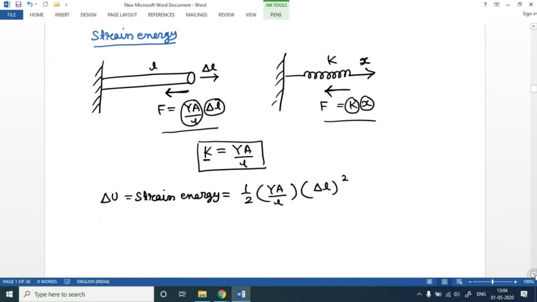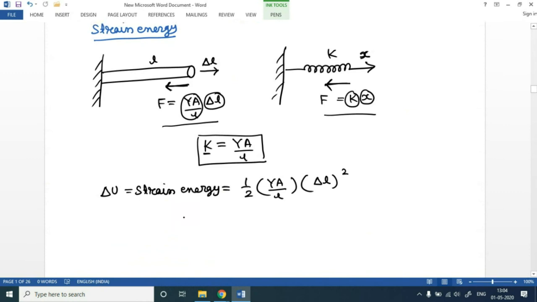One interesting thing you should notice: if you divide both the left hand side and the right hand side by the volume, for example A times delta L, then delta U by delta V will turn out to be, this A will get cancelled, and you will get half into Y into delta L by L square, which is nothing but half into Y into epsilon square.